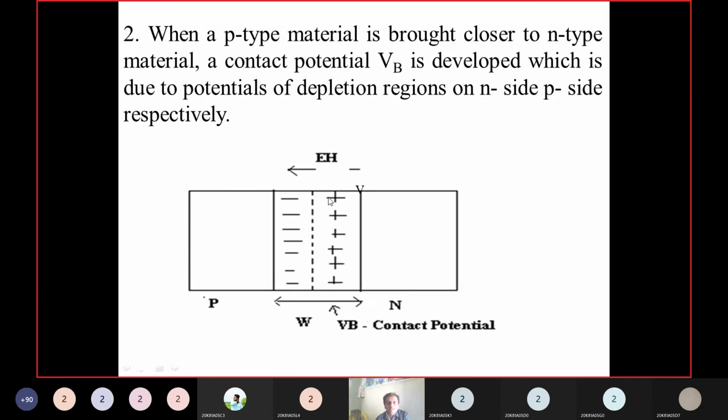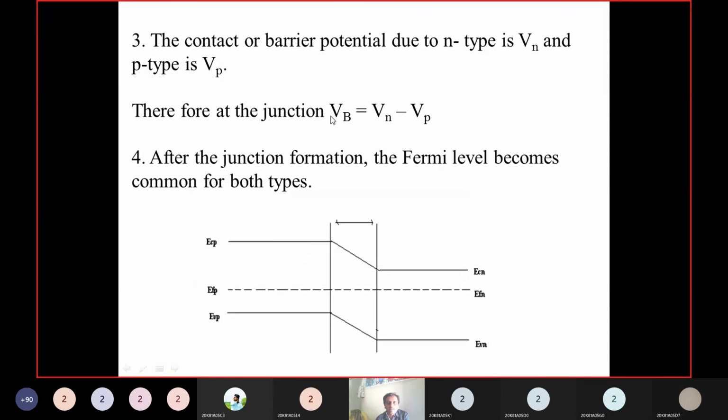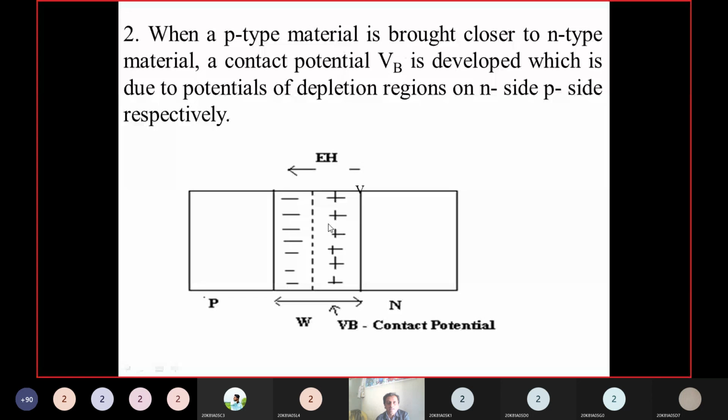Due to the p-type charge carriers, some potential will be developed, that is Vp. Therefore, at the junction, the potential barrier is equal to Vn minus Vp. How much potential occurs at this junction is equal to Vn minus Vp.